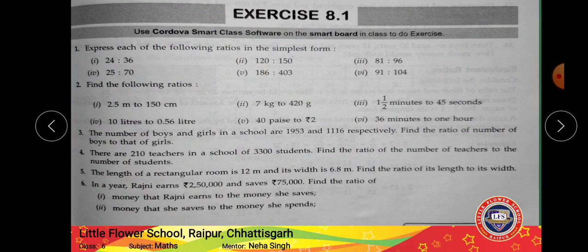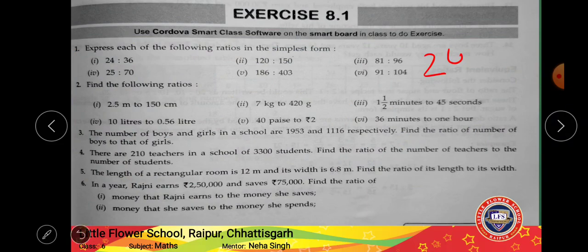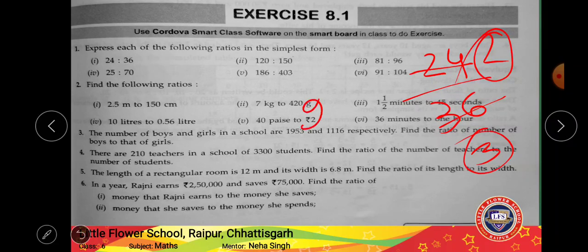When we have to express it in simplest form, we write 24 upon 36, and we cancel these out. 12 twos are 24, 12 threes are 36. Can it be cancelled further? No. So 2 by 3, or 2:3, is the simplest form.